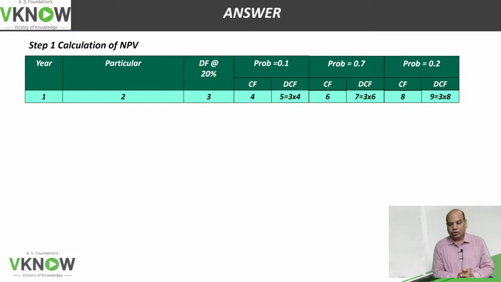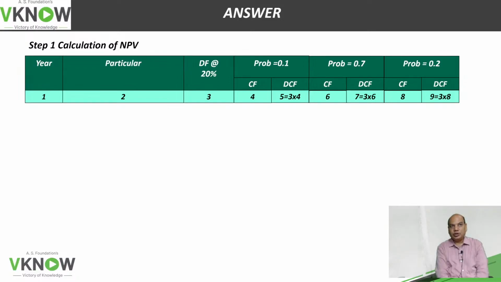Same format we'll draw again. Year, particulars, discounting factor at 20%. Then we have three possibilities. Probability equal to 0.1, cash flow, discounted cash flow. Probability equal to 0.7, cash flow, discounted cash flow.